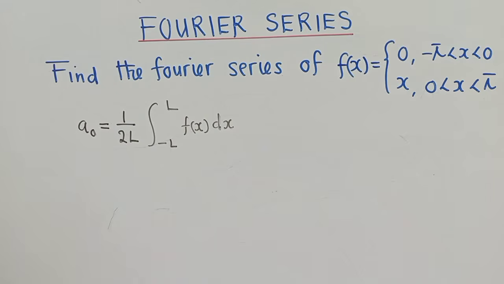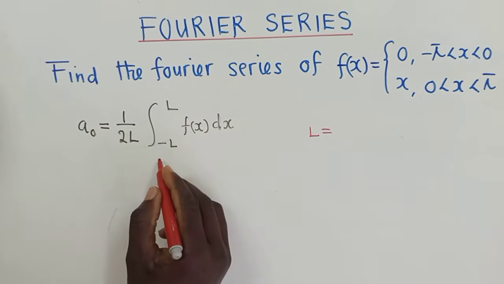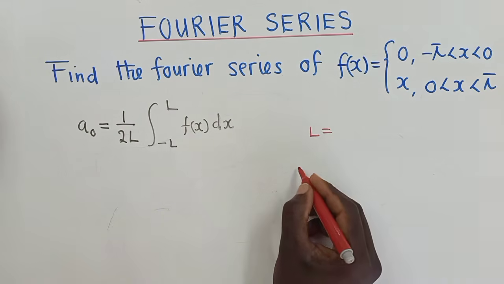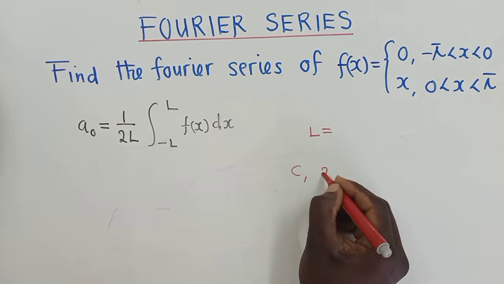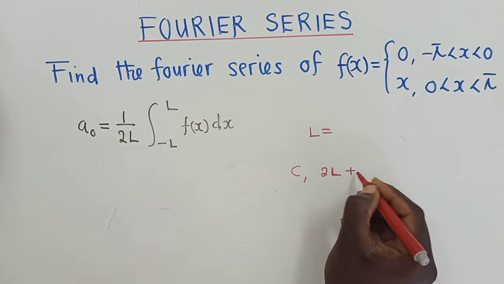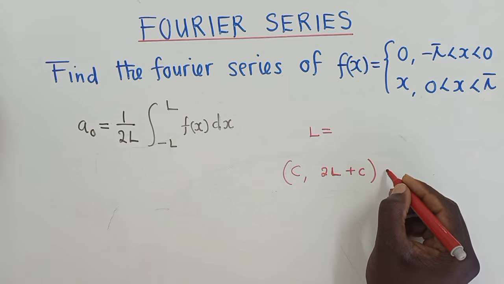So from our first formula, we first need to understand what our L is. So which one is our L? How do we find the L? If you don't mind, we can use this method to find the L. This method works well to find L.